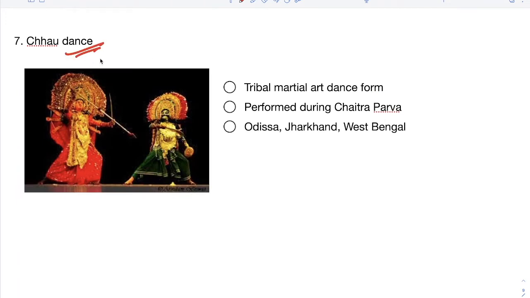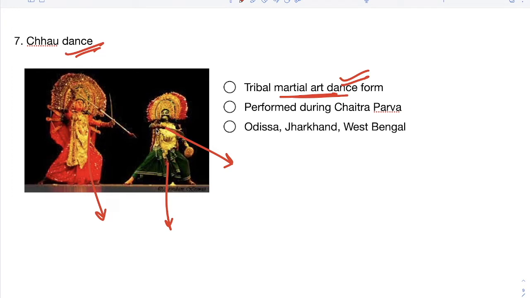And the next one, the seventh, is Chhau Dance. Most of you know this is a tribal martial dance form, a dance in which they also perform some martial arts. He is a villain and she is Kali. Here also there are expensive makeups with big crowns. Kali is killing a demon, and like that they perform the dance through martial arts.